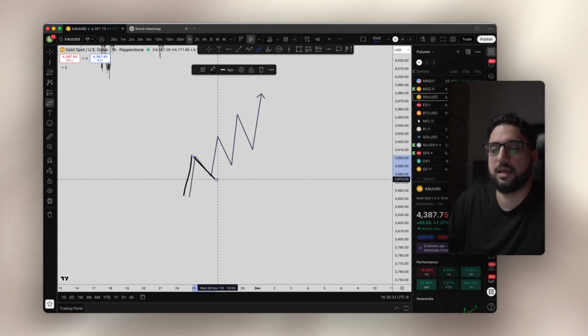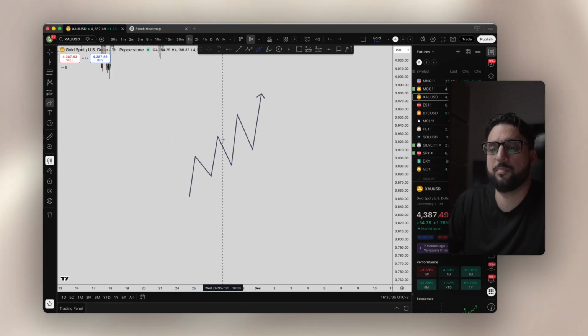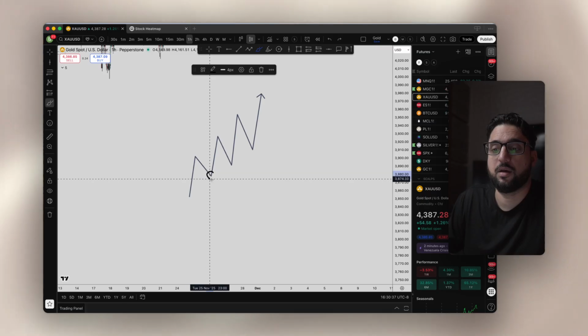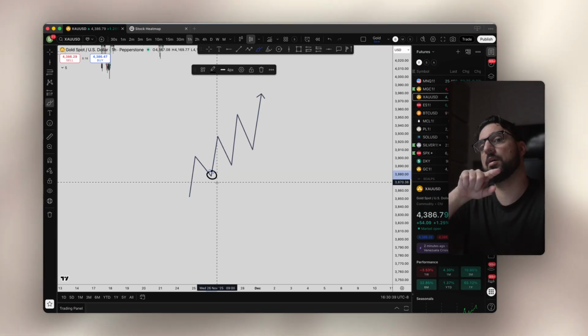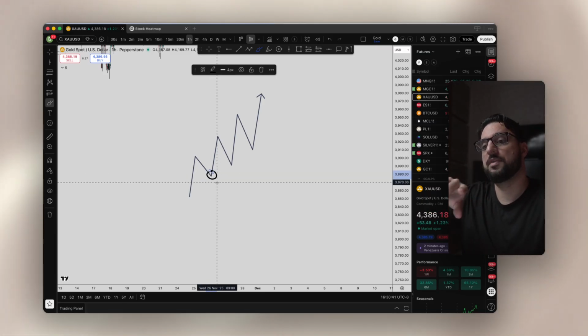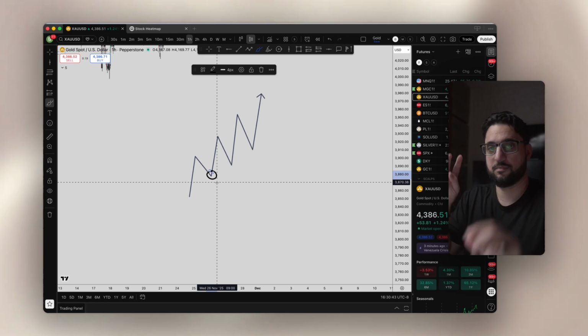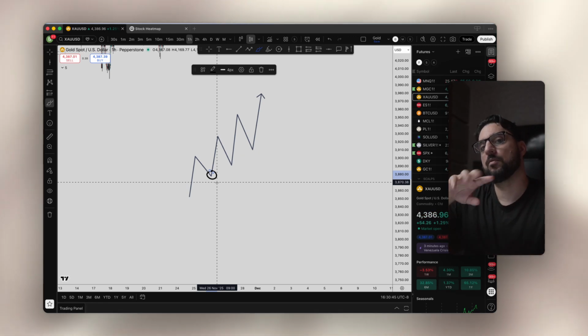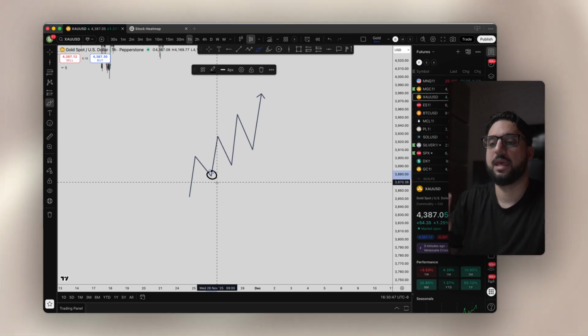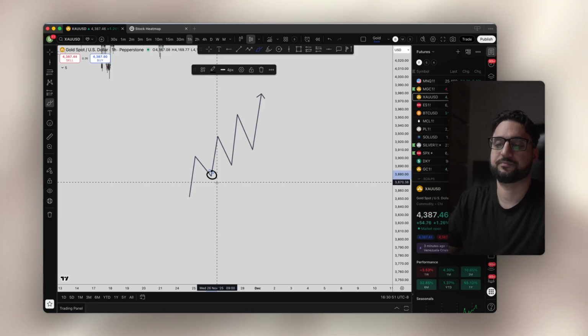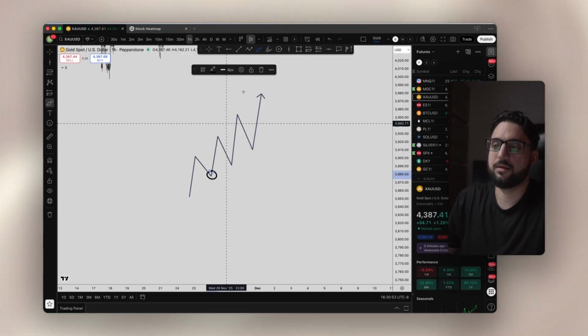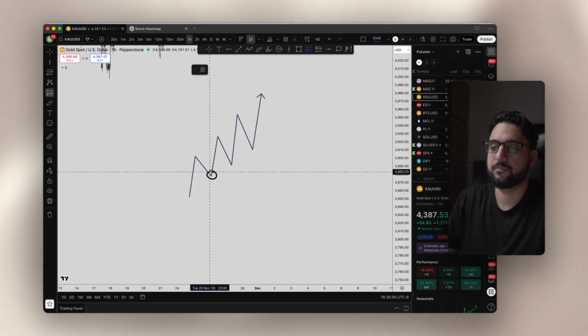So the correction, and then we've got the continuation. So at what point do we get in? Well, we get in right here. I'm circling the area where the pullback is ending, aka the correction. Price has corrected itself. And the continuation is about to start. And then we get in right here, something like that.